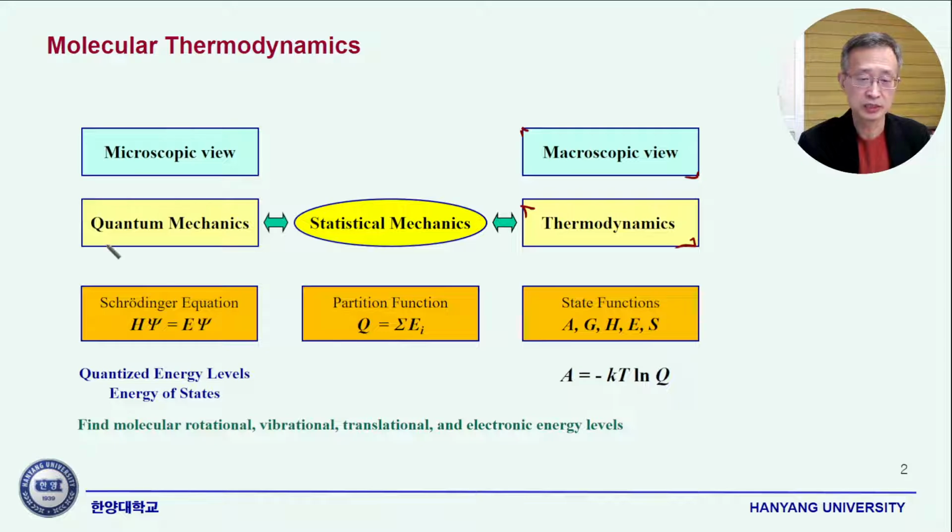We did thermodynamics in a completely macroscopic viewpoint, and then we dealt with atoms and molecules in quantum mechanics in a completely microscopic viewpoint. Then we will combine these two by statistical mechanics. That's what we do.